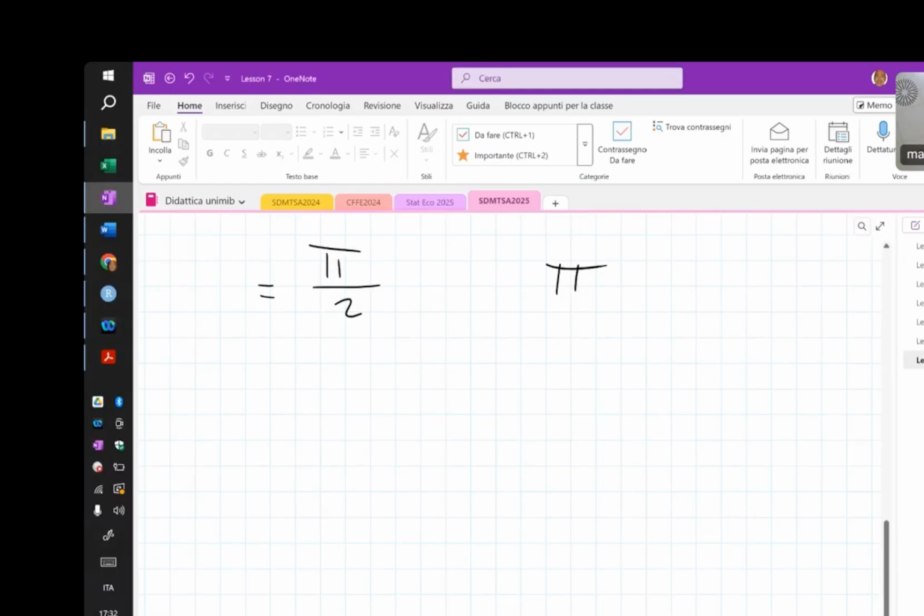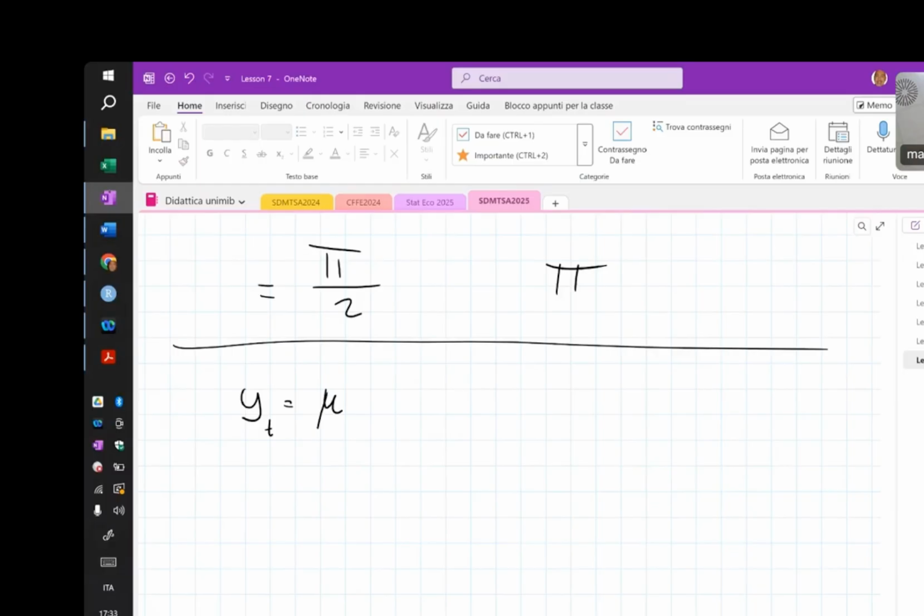An alternative way to write the ARIMA models in shorter terms is this way. Like a mean plus, and here you have all the operators: the non-seasonal and seasonal MA, the non-seasonal autoregressive parts, and the seasonal autoregressive parts, okay?